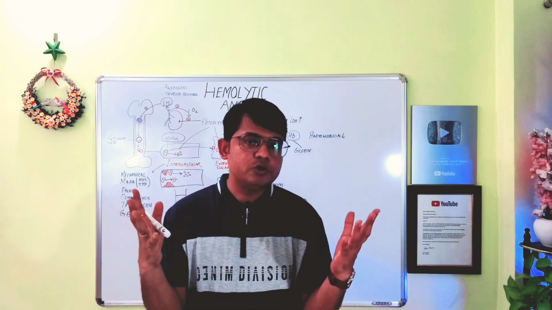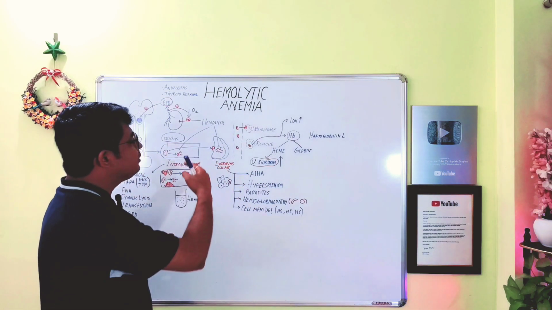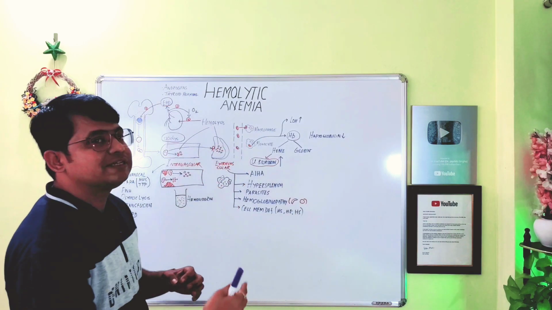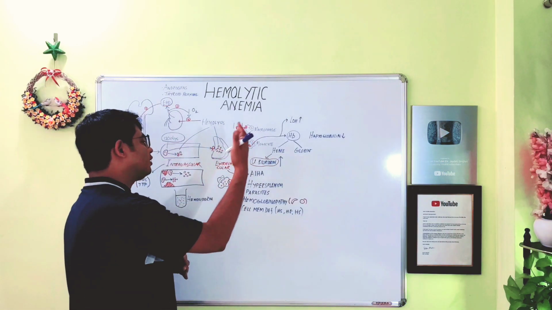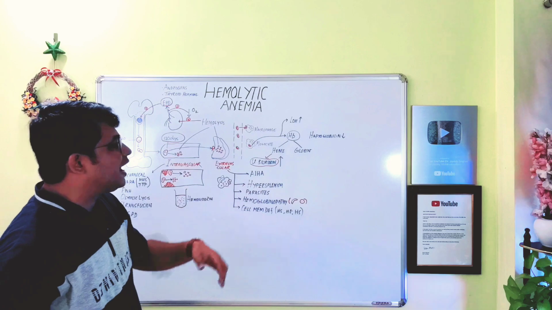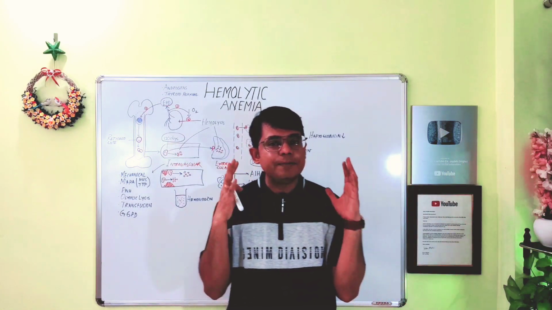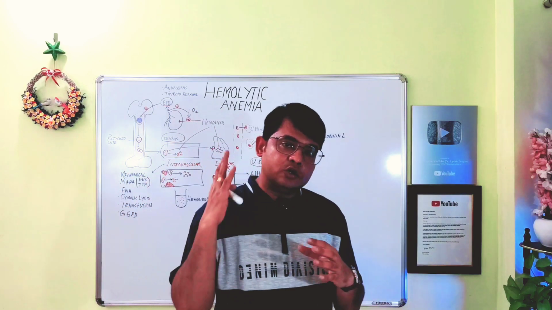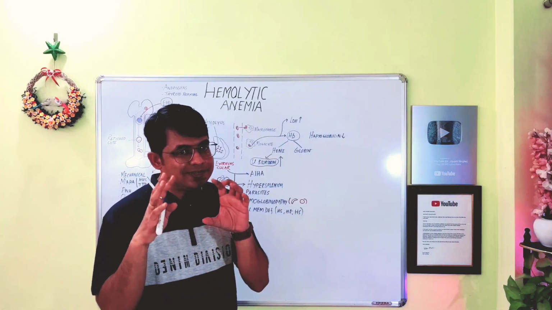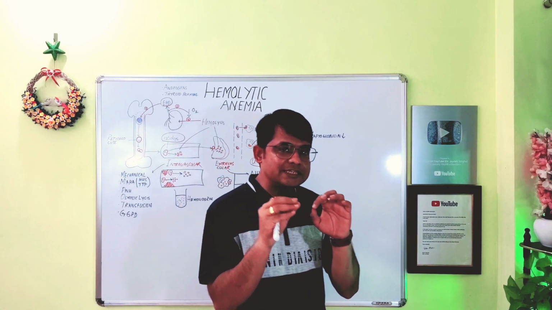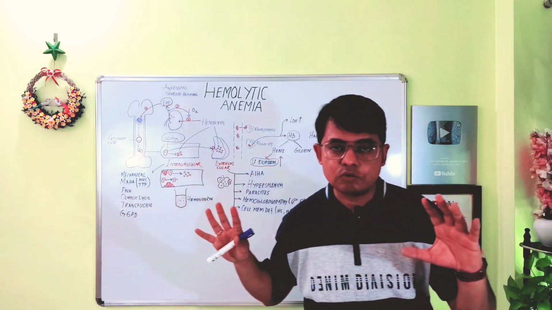So this is autoimmune hemolytic anemia. In autoimmune hemolytic anemia, there is coating of the RBCs, and those coated RBCs are easily destroyed within the macrophages. Now the next cause is hypersplenism. Hypersplenism means the spleen is hyperactive. The normal function of the spleen is to clear the old, aged, damaged RBCs from the circulation.